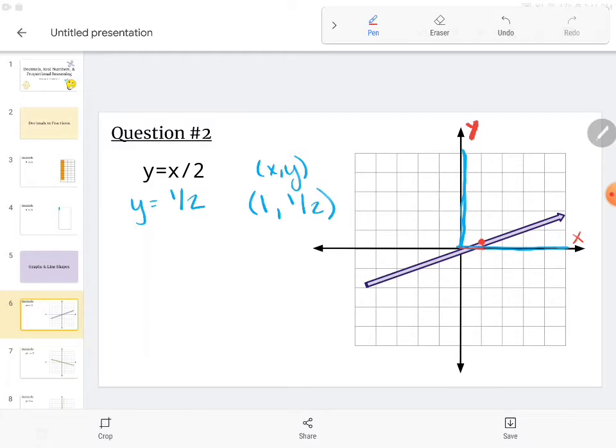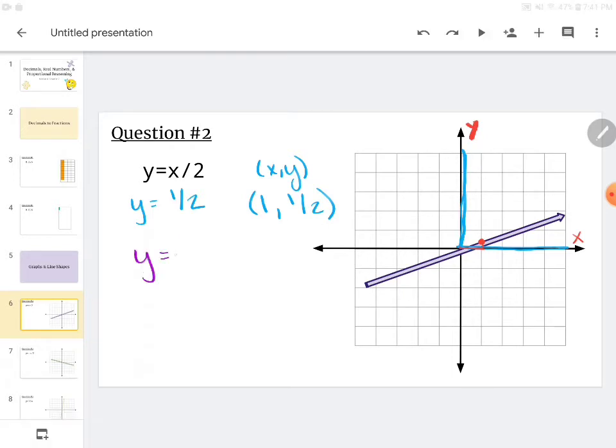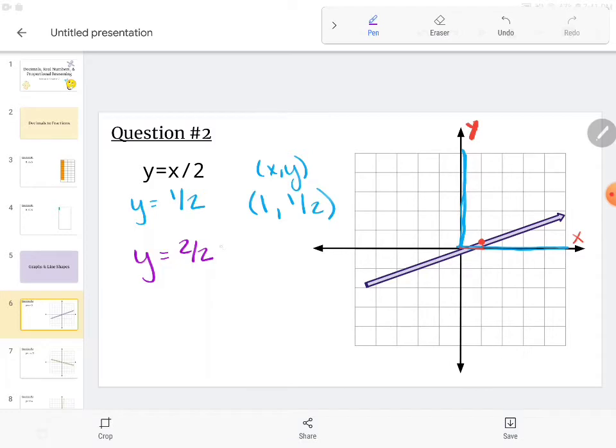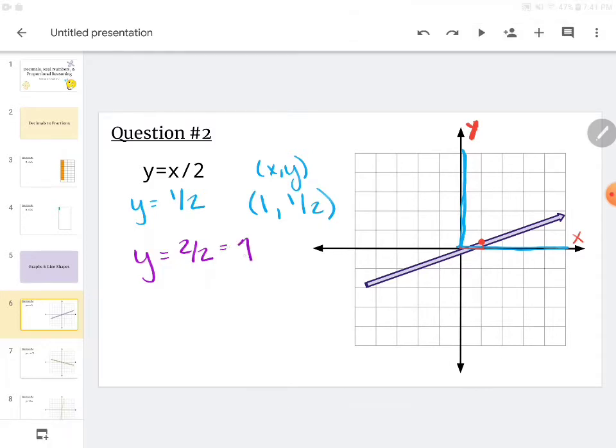Again, we can do the same thing. Let's say we want our x to be 2. Well, y equals 2 over 2. And another way to say 2 over 2 would be the number 1. Well, we know our x is 2. We know our y is 1.